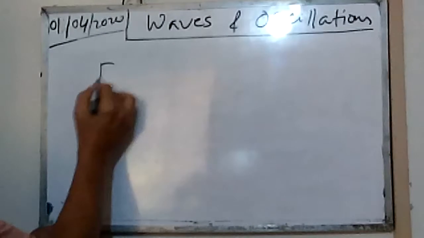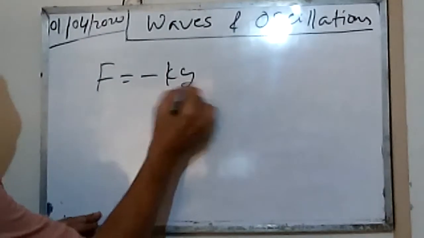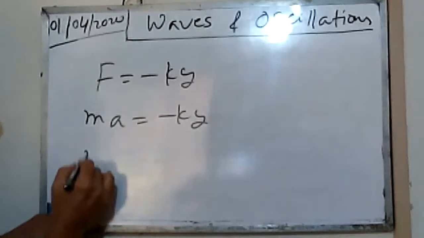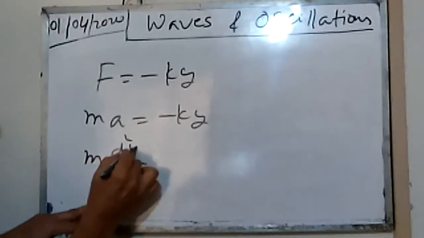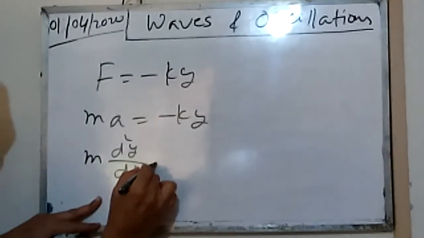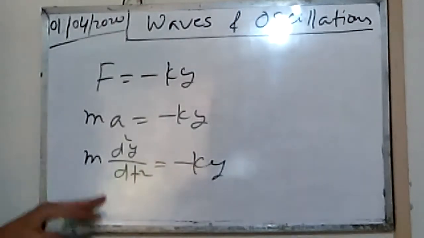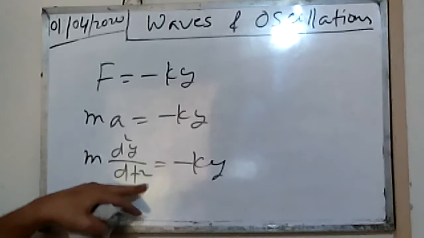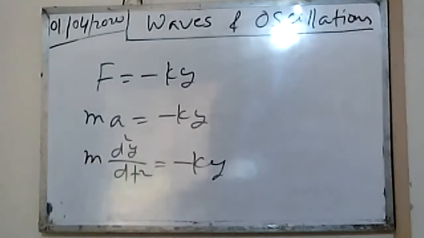So F equal to ma equal to minus ky, ma means m d square y by dt square equal to minus ky, where d square y by dt square is the acceleration.